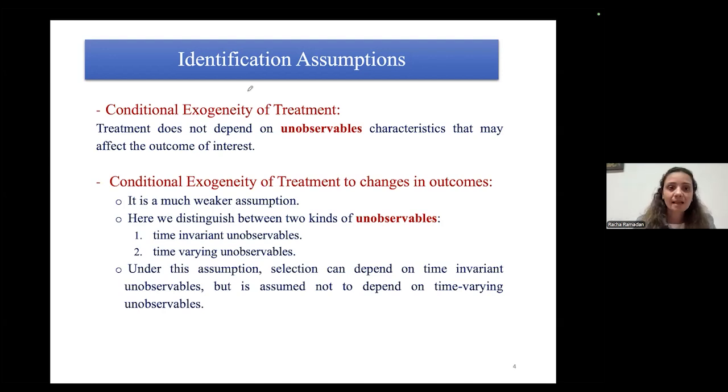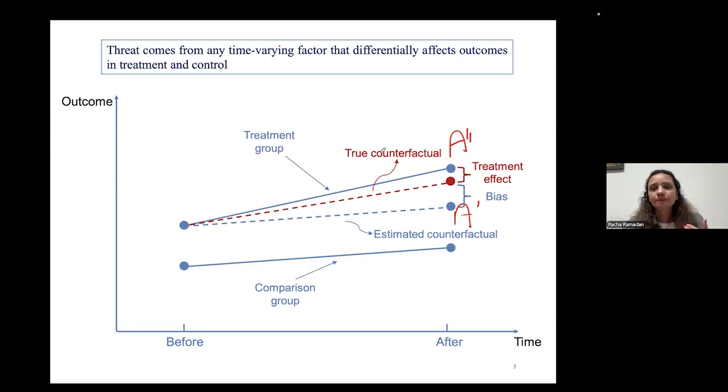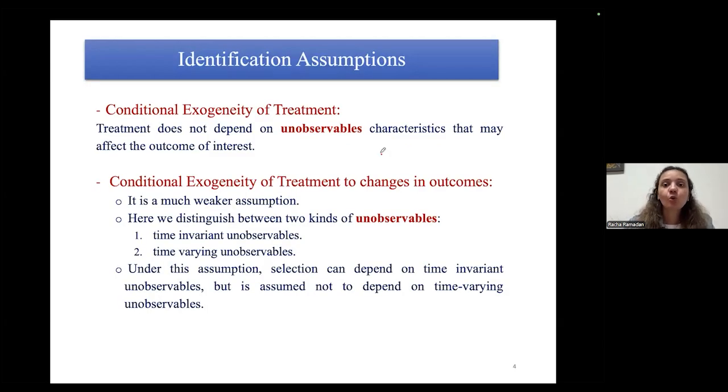If this is the case, we have conditional exogeneity of the treatment, and we are dealing only with observable characteristics. However, as we said yesterday and today in the beginning, this is not true, because maybe group A, even if we control for their characteristics, have capabilities and skills that are not observed that make them gain higher income compared to group B. So this conditional exogeneity of treatment is not always verified.